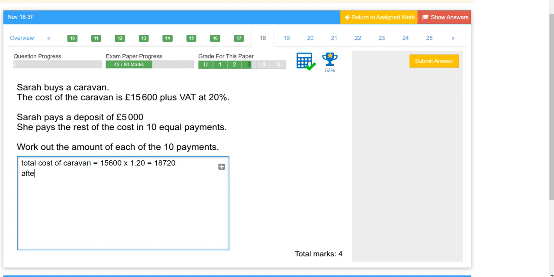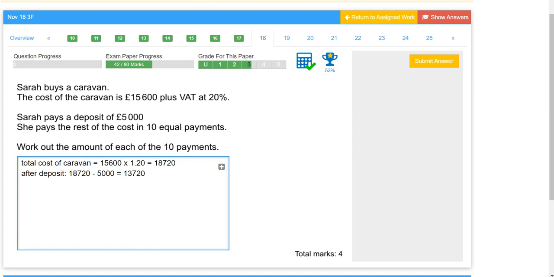Well, she pays a deposit. So after the deposit, my cost is going to be 18720 take away 5,000. That's already been paid. And that will give me, beg your pardon, £13,720 to pay. Caravans are obviously expensive things.